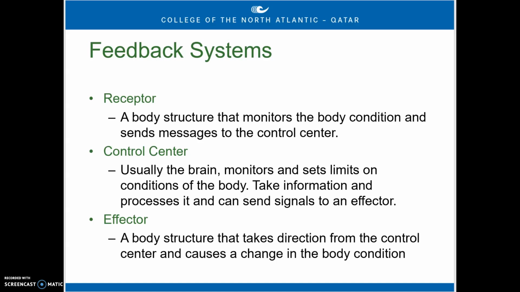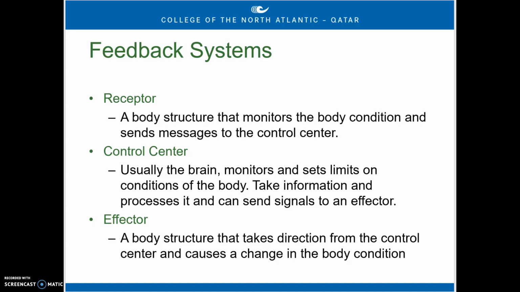Then we have our control center, which is most likely the brain, although it can happen in the spinal cord in some situations. The control center monitors everything that's happening in the body, and it sets limits on things. Our body operates best in a certain range of conditions, and for homeostasis to work, our brain will focus on maintaining our body in those normal conditions.